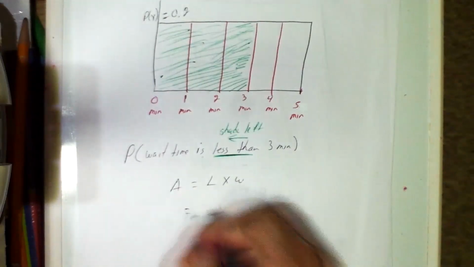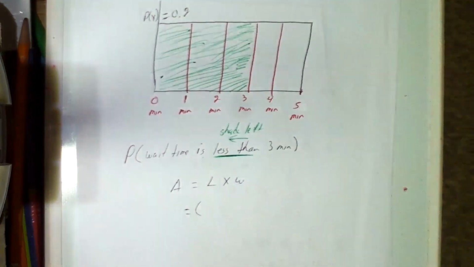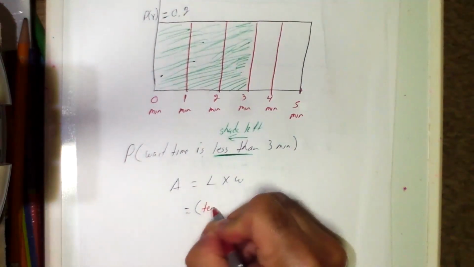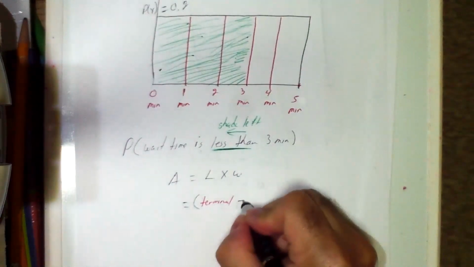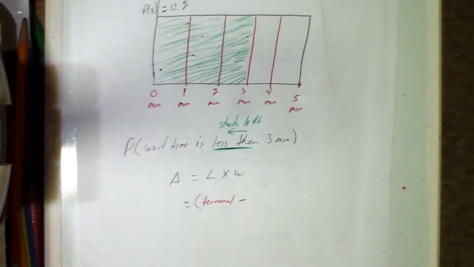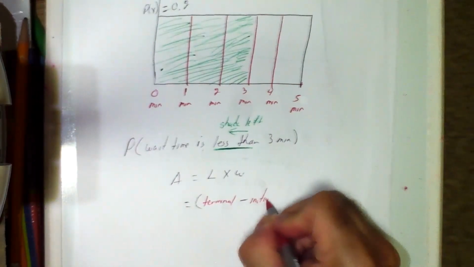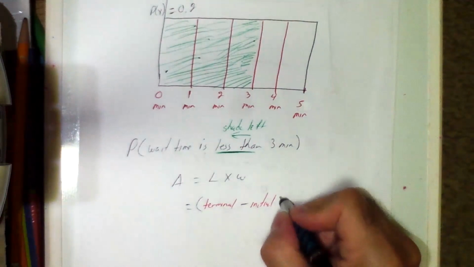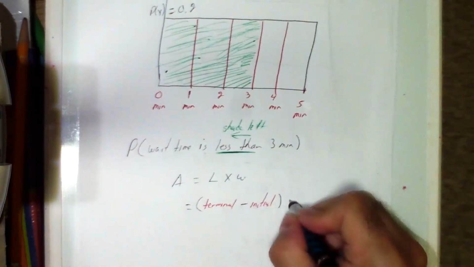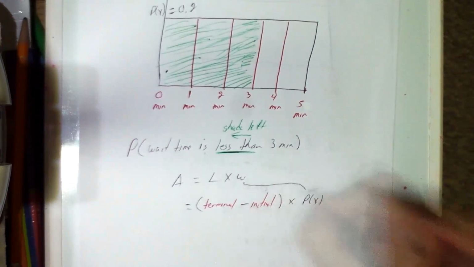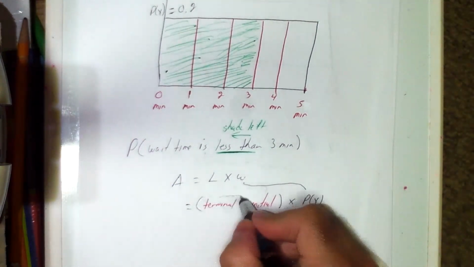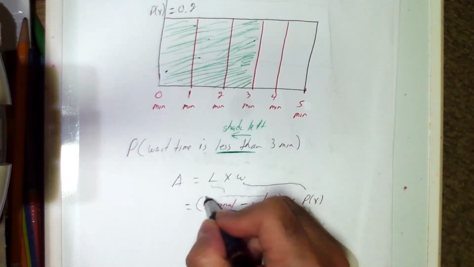All right, so I know my length again was terminal minus the initial. And my width was my P of X. It's that, and this is the length.